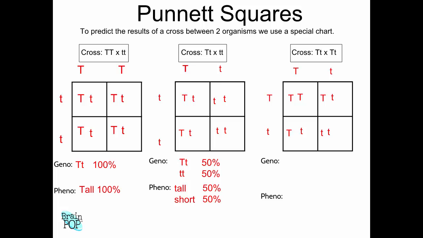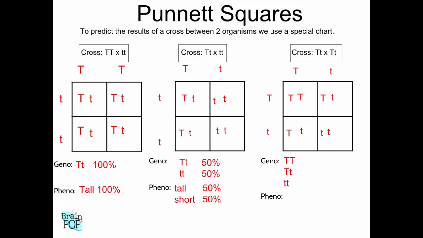Then big T, little t, and then little t, little t. So big T, big T is one possible genotype that the offspring can become. Big T, little t is another possible offspring, and then little t, little t is the third type for this particular cross.